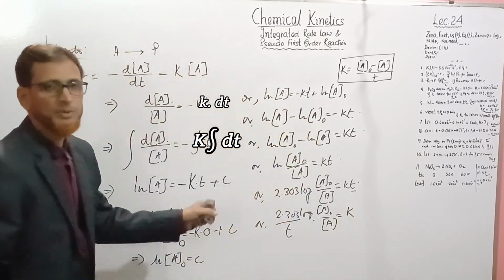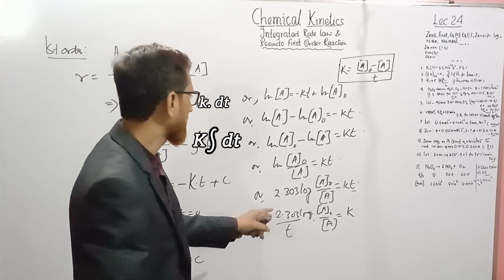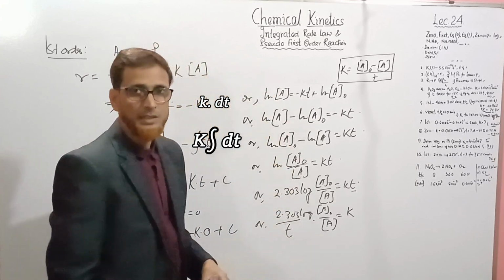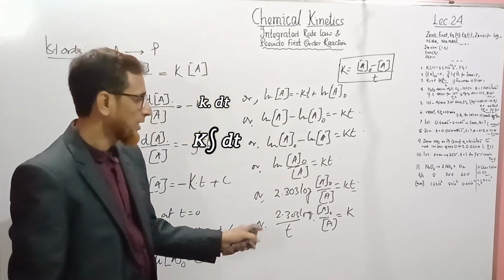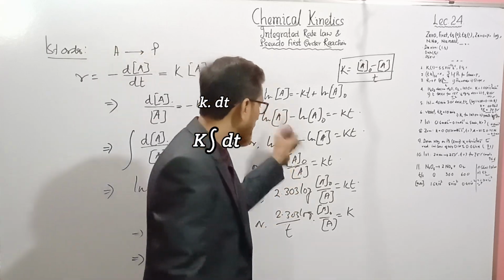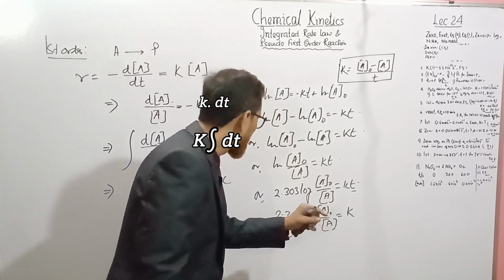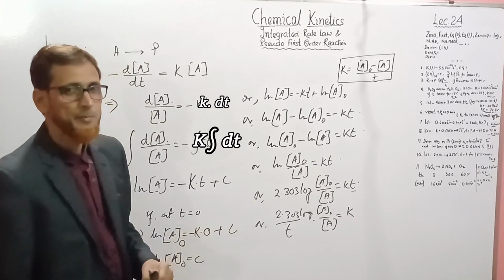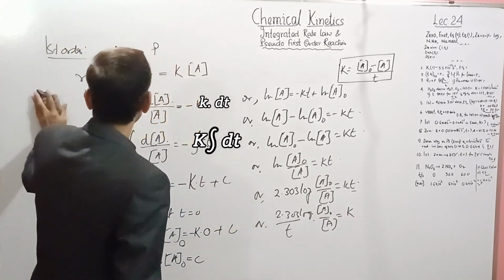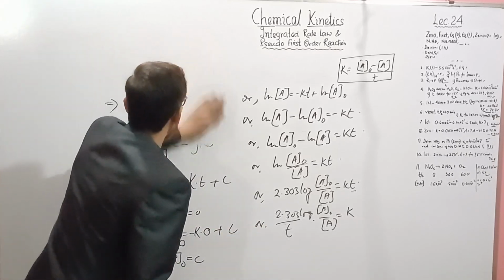This is the expression. Sometimes in the state exam or NCERT exam, the integrated first order rate equation is asked to derive. So you will derive it in the way I have shown you. So k is equal to 2.303 by t log A naught by A. This is all about the derivation.